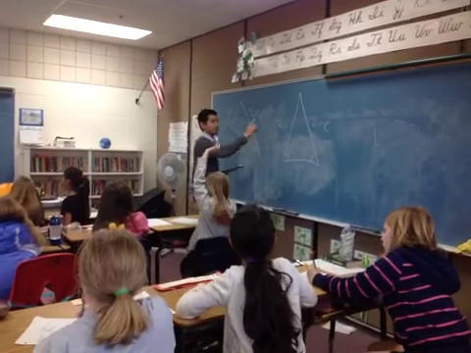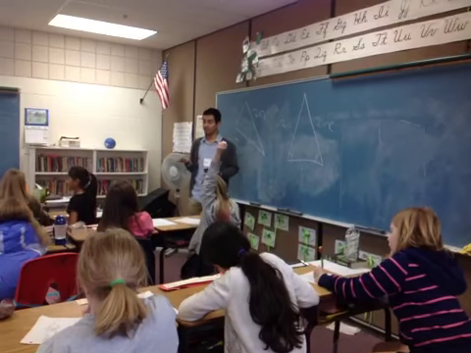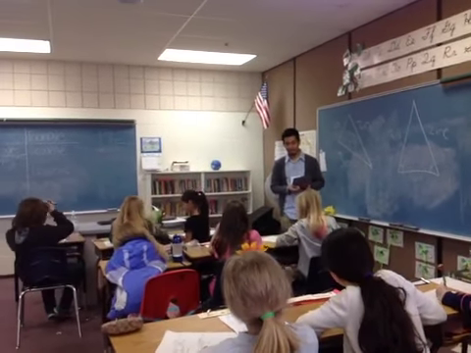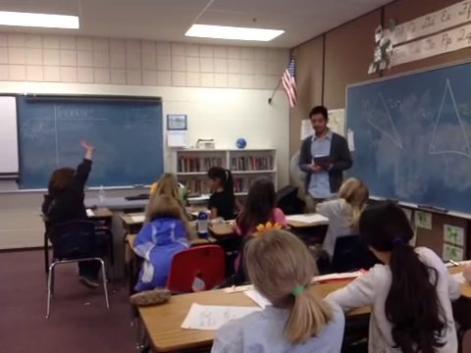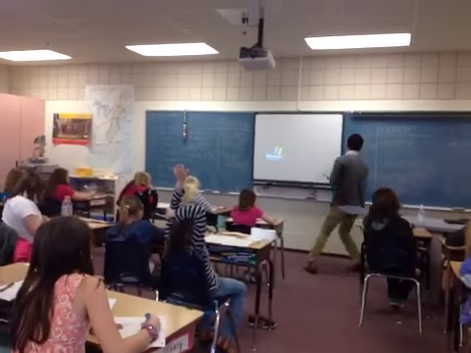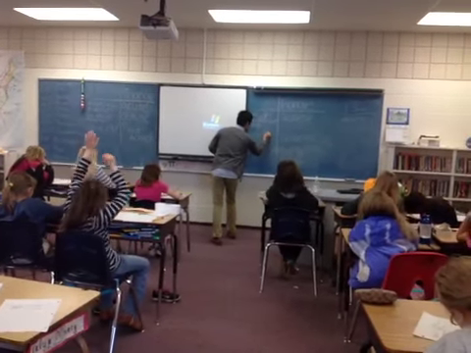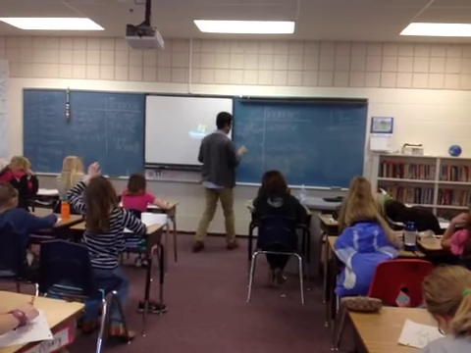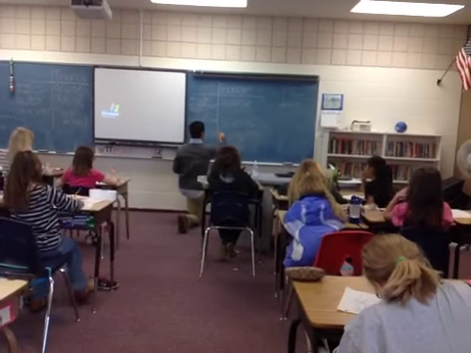So an isosceles triangle has 2 equal sides. And the third one was equilateral, right?